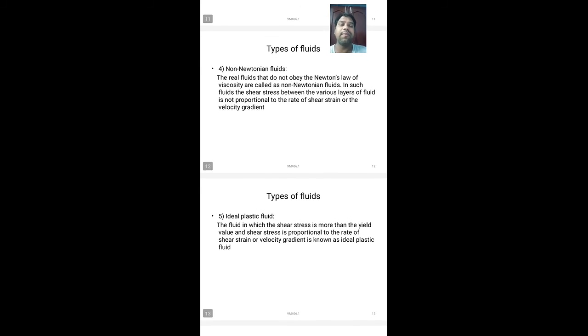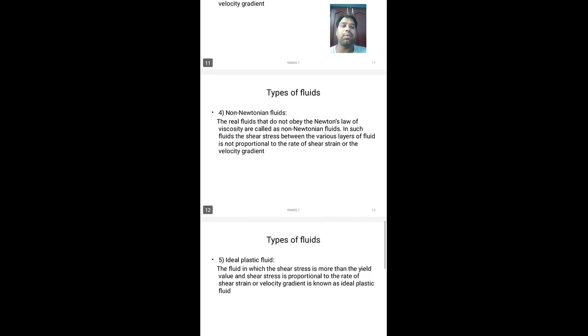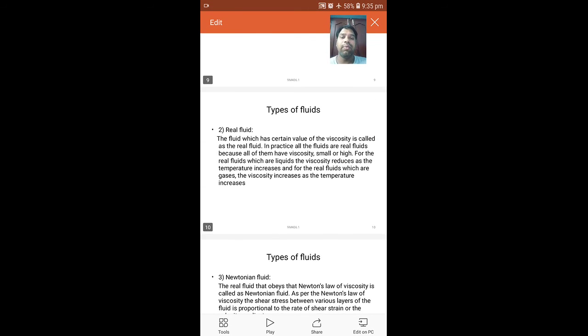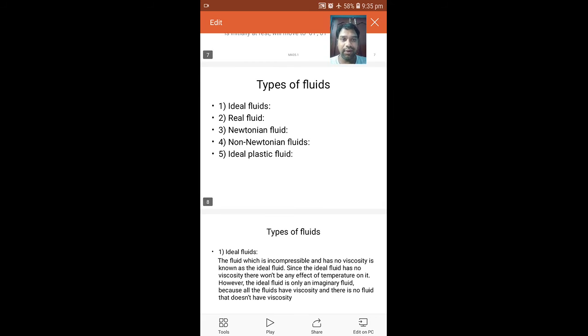So these are the 5 types of fluids. What are the 5 types of fluids? The first one is ideal fluid, second is real fluid, third is Newtonian fluid, fourth is non-Newtonian fluid, and fifth is ideal plastic fluid. In simple terms, ideal fluids are the fluids which are incompressible in nature and have no viscosity, right?